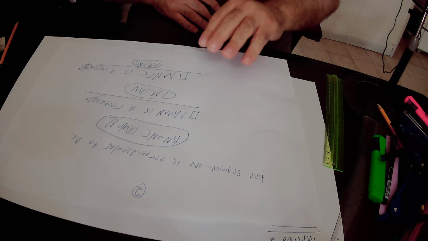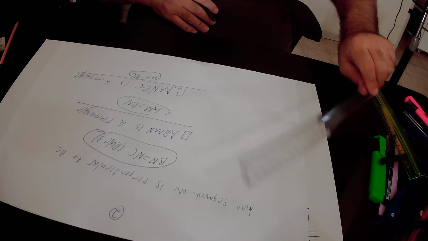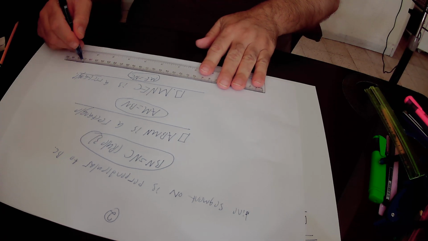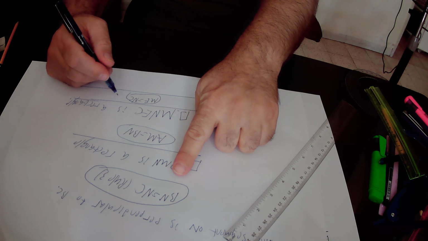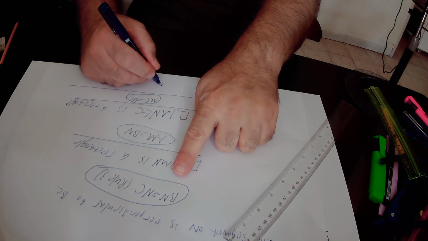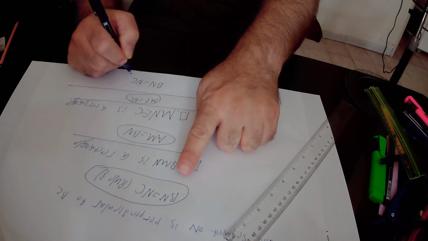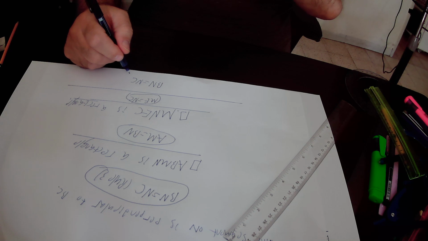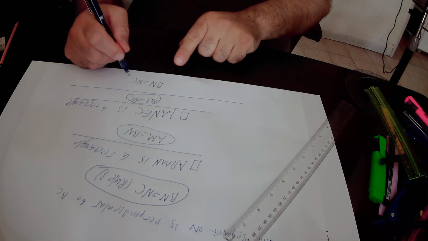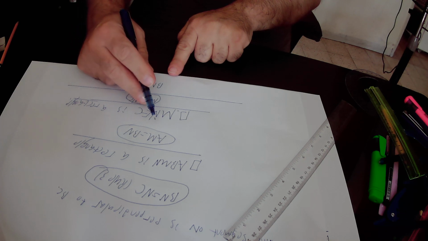So, actually, you can summarize and say that according to rule number 3, we have already found out that BN equals NC. According to rule number 3, this equation is true from one side. But from the other side, we also found out that BN equals AM.